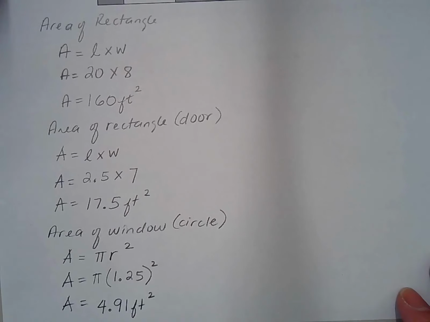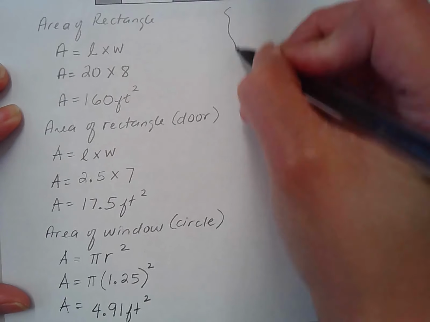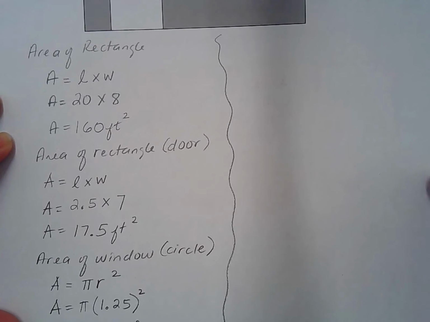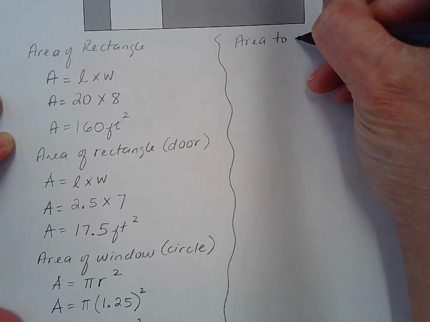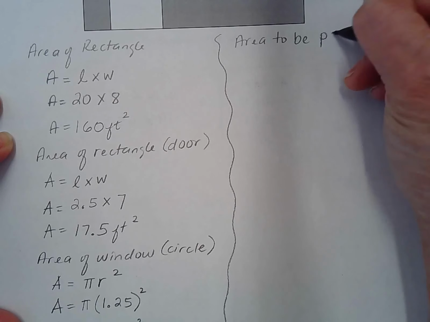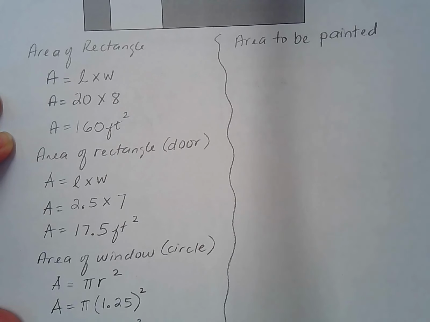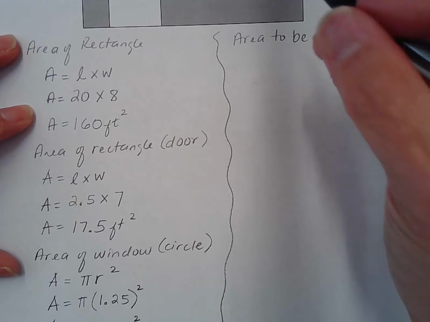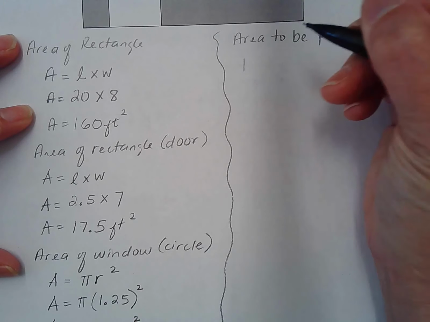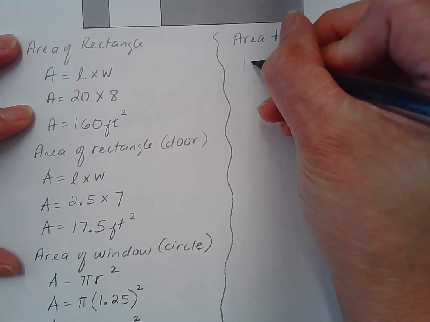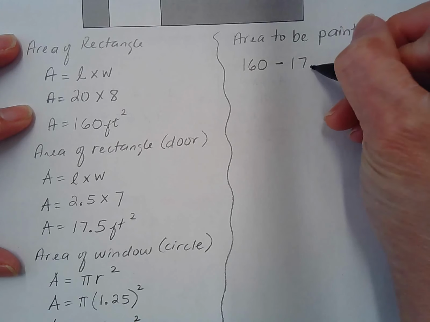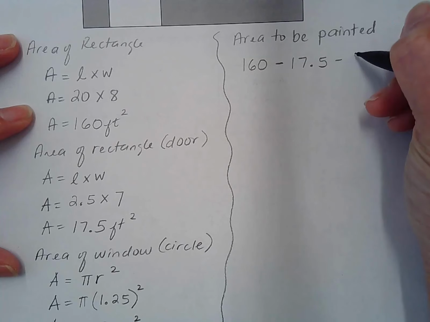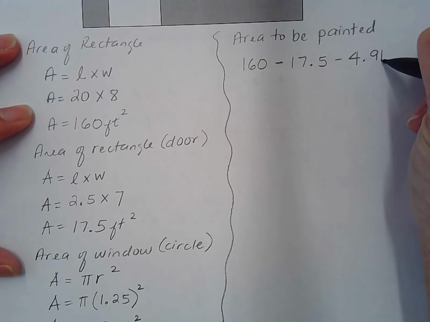Okay, what is the area that has to be painted? Minus one window and door, right? So 160 minus 17.5 minus 4.91.